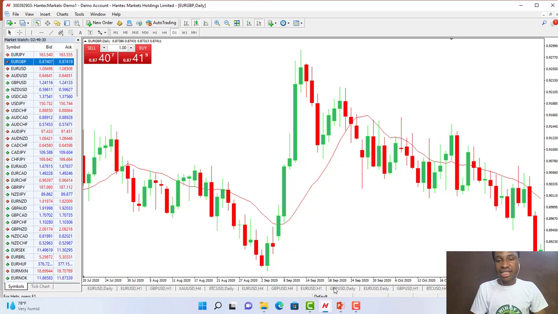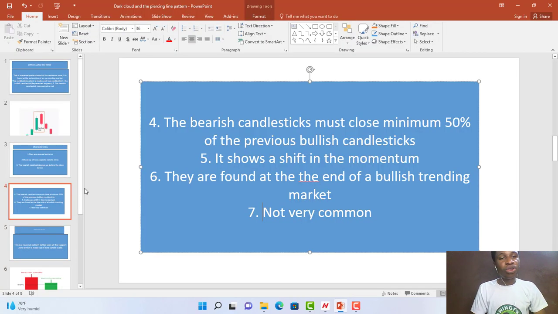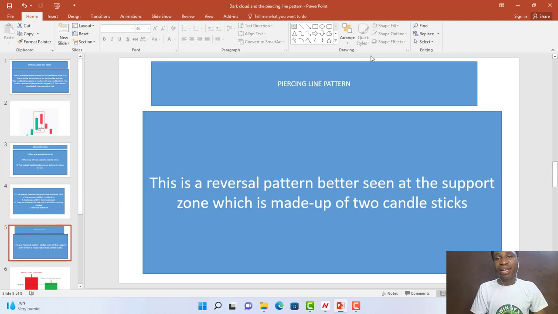So we go to the next thing we have, which is the direct opposite of the dark cloud, the piercing line pattern. This is a reversal pattern better seen at the support zone, made up of two opposite candlesticks.